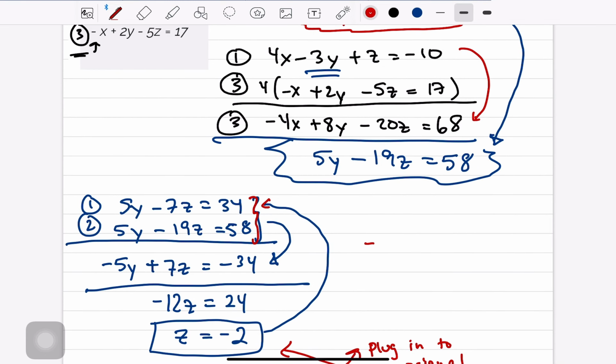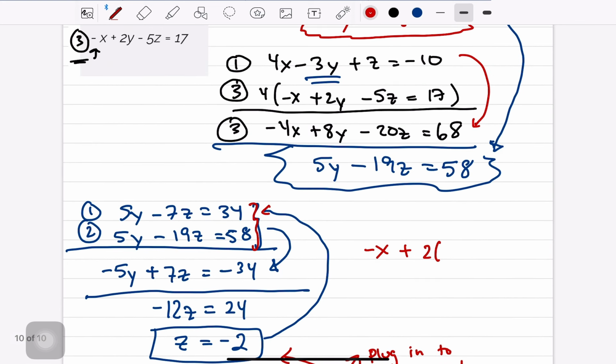So negative x plus 2y, but y is already 4, plus 2 times 4, minus 5z, but z is negative 2, equals 17. That's us plugging it back into equation 3.